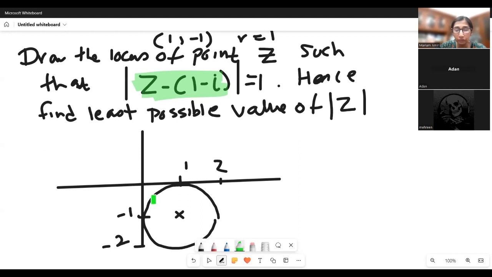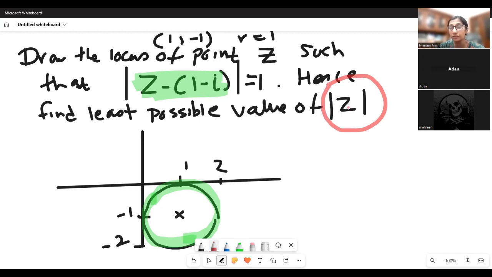Now, z are infinite points here, which satisfy the given equation, modulus of z minus 1 minus iota is equal to 1. For each and every point on this locus, this condition is true. So now you have to take that particular point that gives you the minimum value of modulus of z. Now remember, what is modulus?